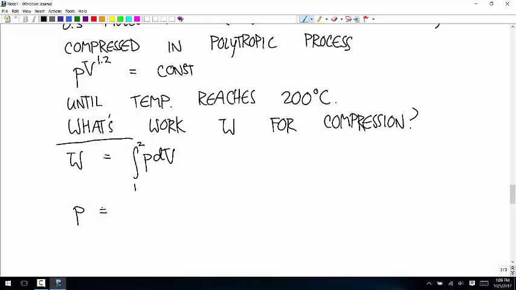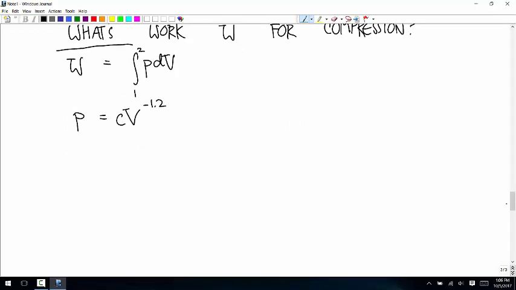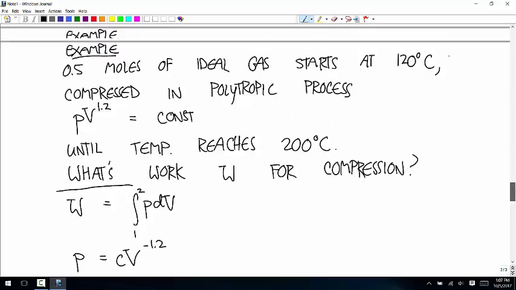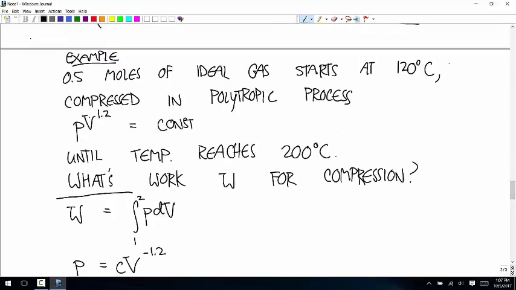We know that P in this case is equal to volume to the negative 1.2 times C. And so the integral from state 1 to state 2 of C volume to the negative 1.2 dV, because this relationship is P times V to the positive 1.2 is equal to a constant.